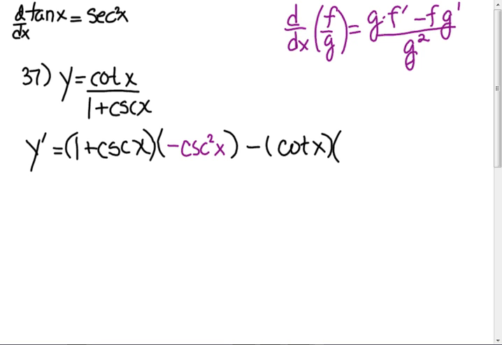Well, what's the derivative of 1? 0. Oh, we know the derivative of the cosecant. Because here's what I do. I remember the derivative of the secant. And that's secant, back again, tangent. So this is, and this is going to be what? Plus. Now, it's a cofunction, so it's negative.